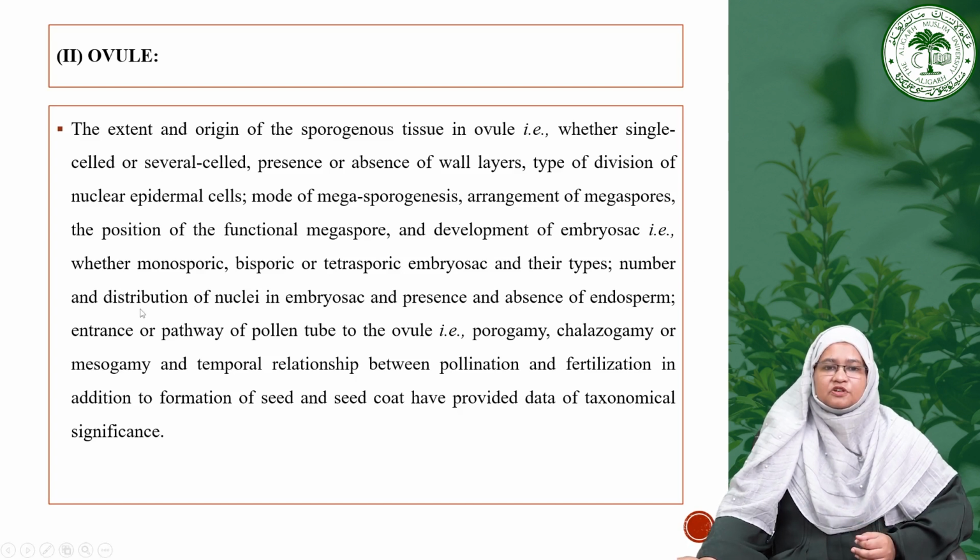Then the number and distribution of nuclei in the embryo sac and presence or absence of endosperm. Entrance pathways of the pollen tube to the ovule, that is porogamy, chalazogamy, mesogamy, or the temporal relationship between pollination and fertilization, in addition to formation of seed and seed coat, have provided data for taxonomic significance.